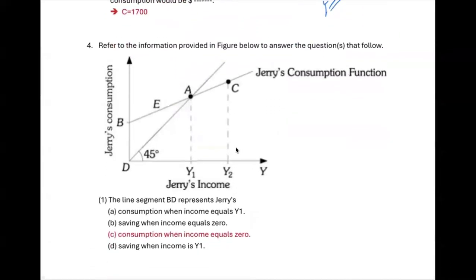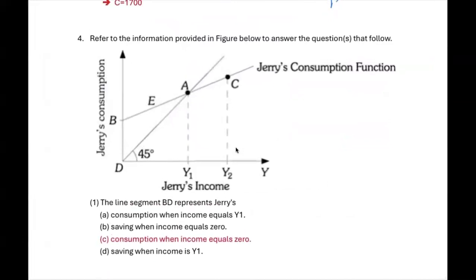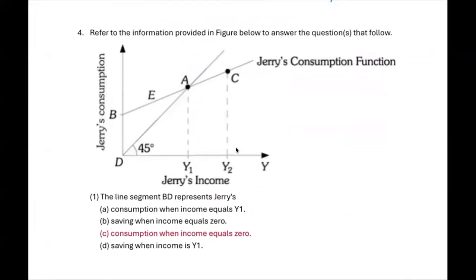Okay, so now we have a new figure, but don't worry, this figure is also not that difficult. Let's look at this figure together without looking at the following questions. Now the y-axis is consumption. We are familiar with it, right? But this consumption is personal consumption.